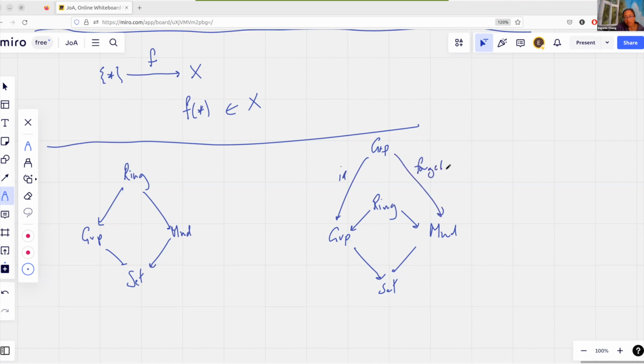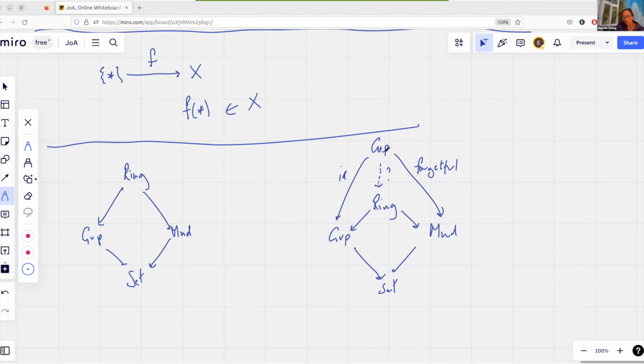So the outside commutes because here we're doing nothing and then taking the underlying set, and here we're just forgetting the inverses and then taking the underlying set. So the question then is, is there a functor from groups to rings like this that makes this diagram commute?